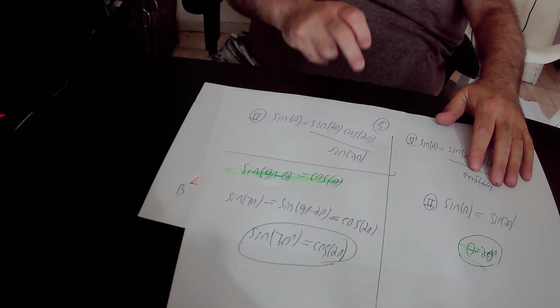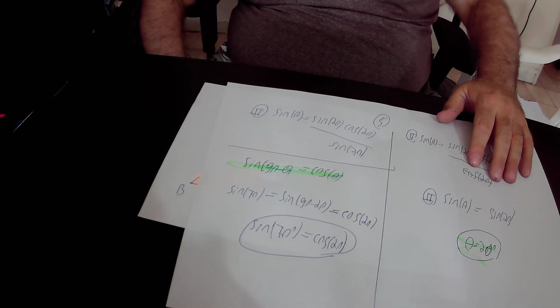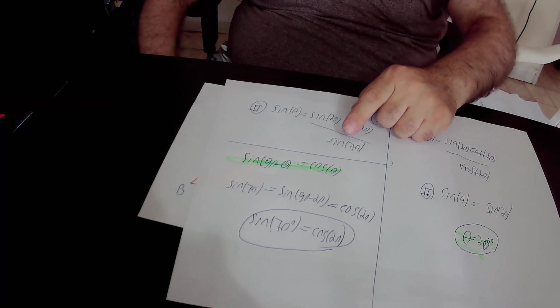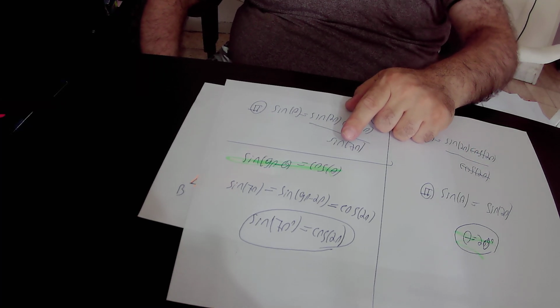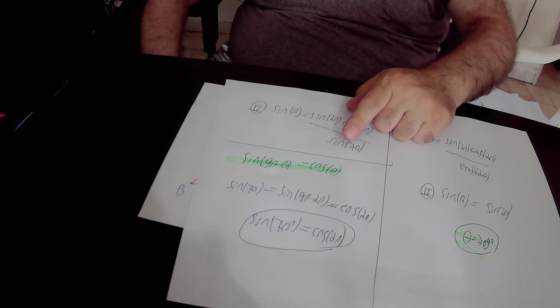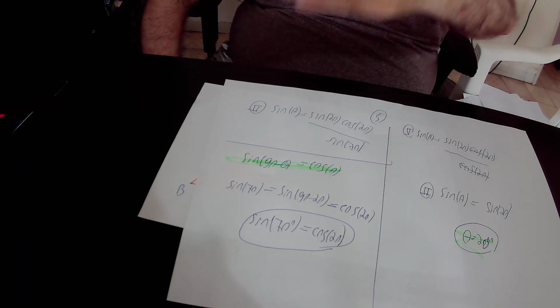over sin 70 degrees. Then I presented to you the last trigonometric identity, that sin of 90 degrees minus theta equals cosine theta. We use this identity for sin 70 degrees.